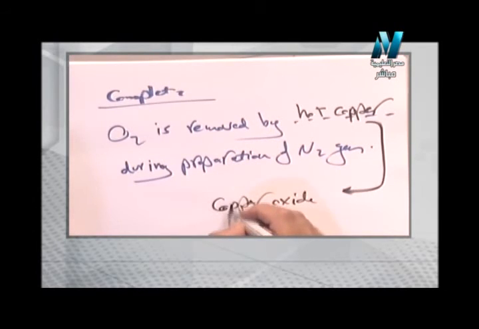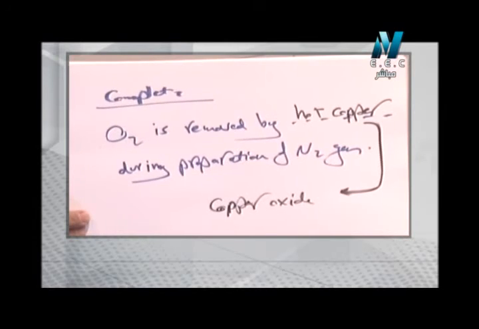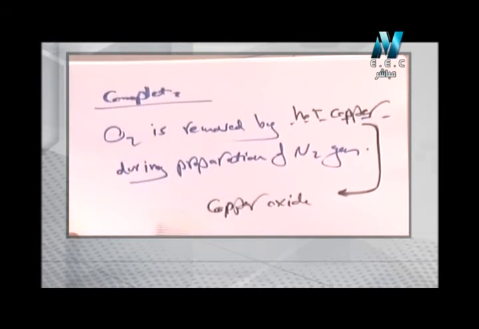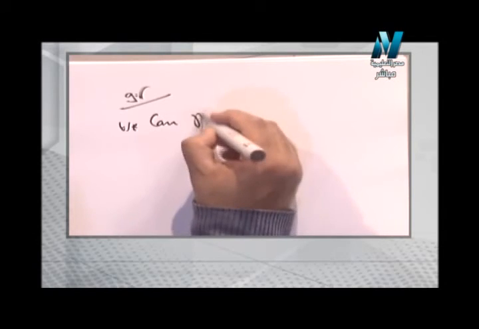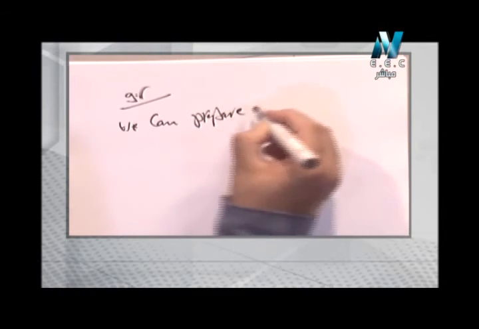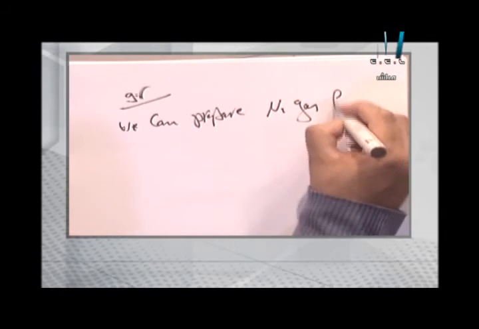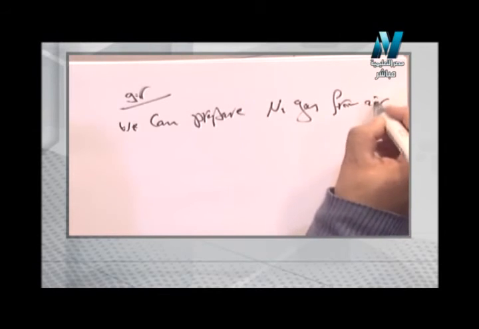So this lesson is full of very important questions, very intelligent questions, and a very intelligent way to prepare nitrogen gas from air. Another question, a give reason question: we can prepare nitrogen gas from air. Why do I prepare nitrogen gas from air?